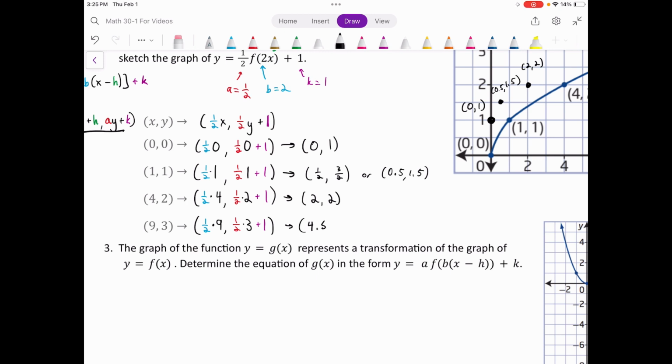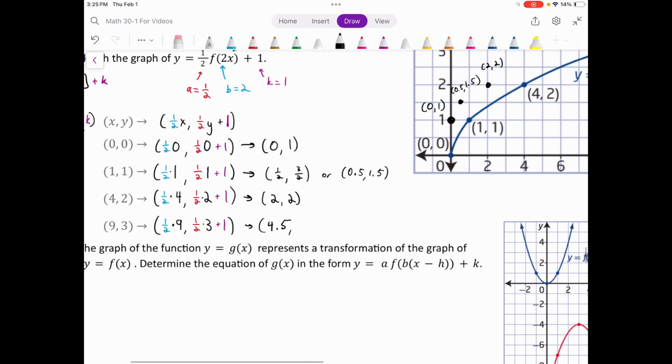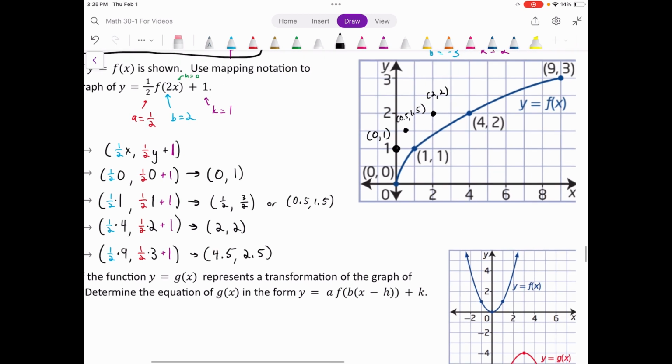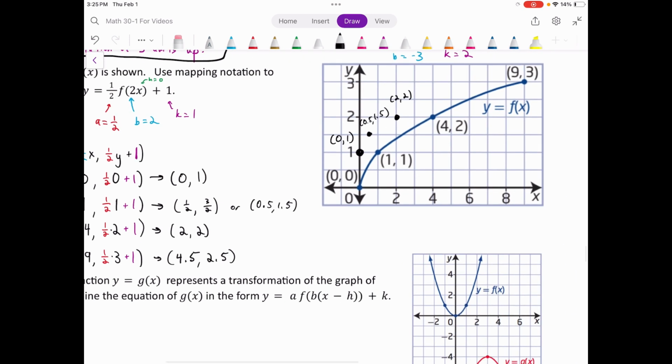Might just go to decimals here for thinking about it on the graph. 1/2 times 3 is 1.5. 1.5 plus 1 is 2.5. And so that point that was originally at (9, 3) is going to end up at 4.5. So 4, there's 5. So (4.5, 2.5). Right there.